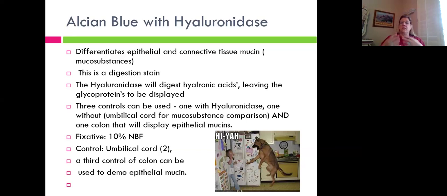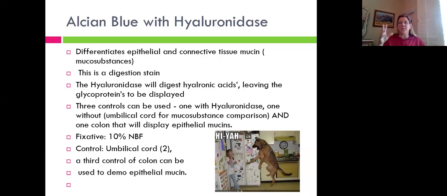This is what's going to demonstrate between epithelial and connective tissue mucins. So it's a digestion stain, just like digestion on the PAS, except you're going to digest with hyaluronidase. Once you digest with the hyaluronidase, you're going to leave behind glycoproteins that are going to be demonstrated.